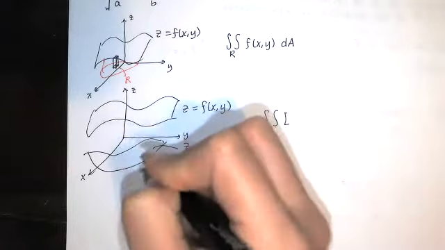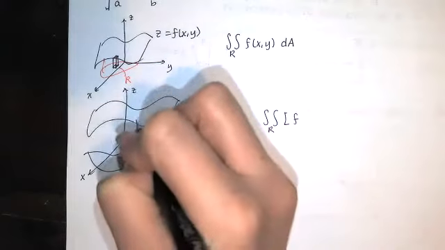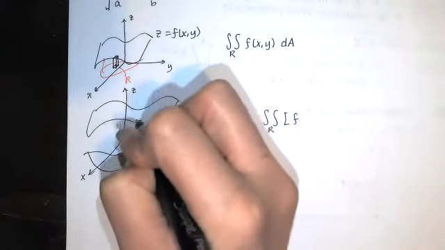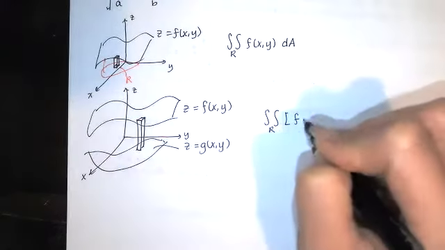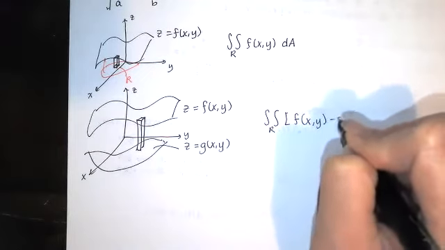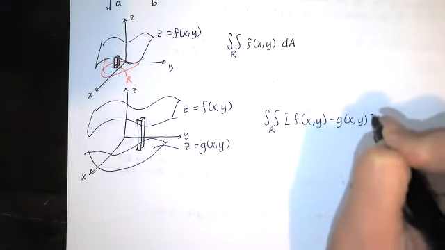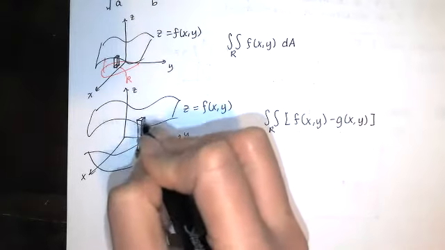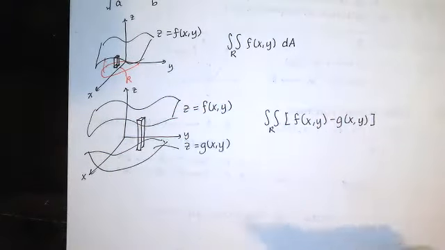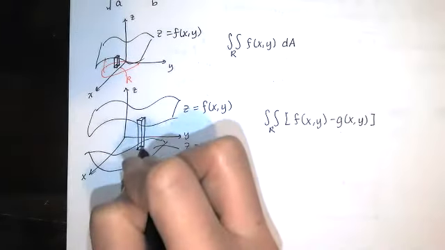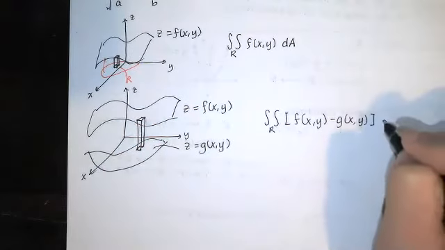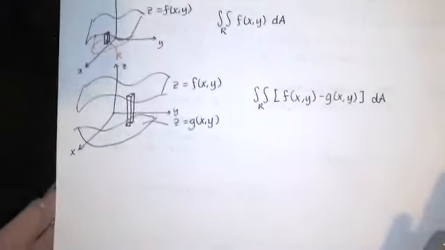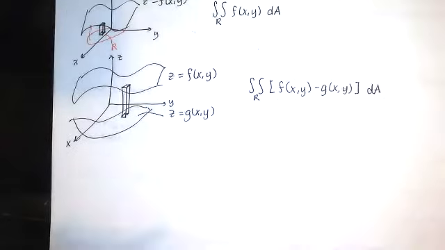So we'd have the top function minus the bottom function. And I make my little rectangular prism, it'll look like this. So that's the height of my rectangular prism times a little delta x times little delta y there in the xy plane. And then we add all of those up.